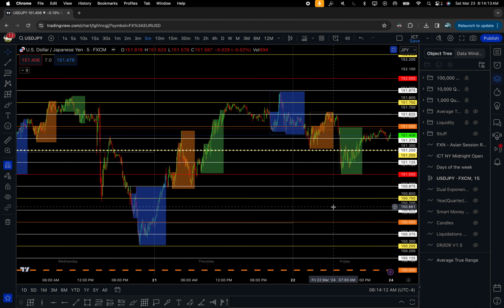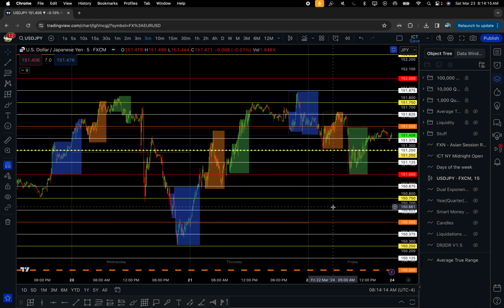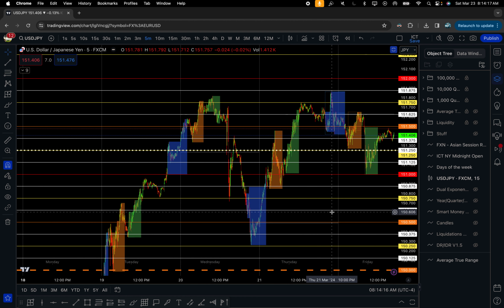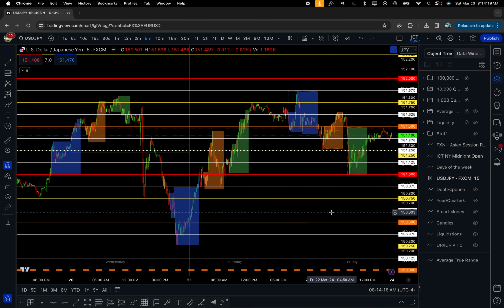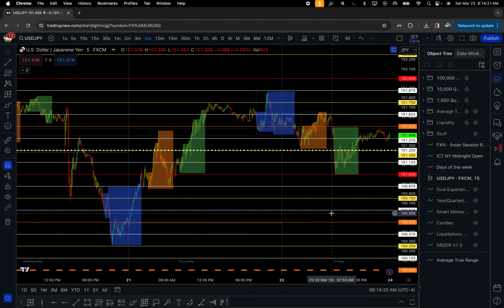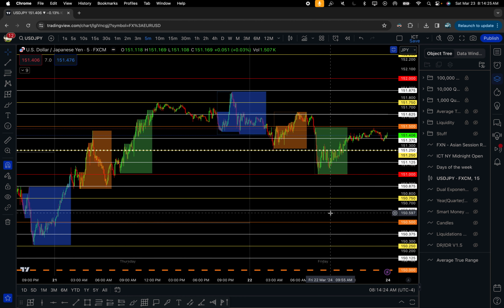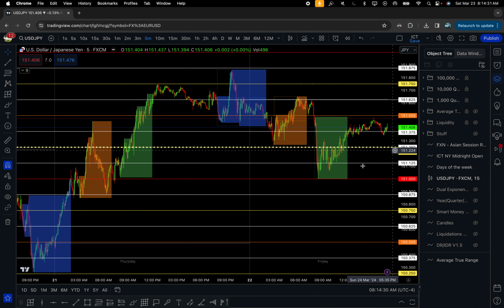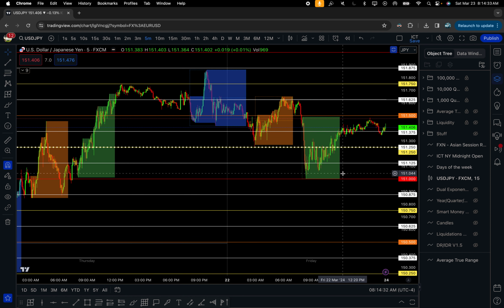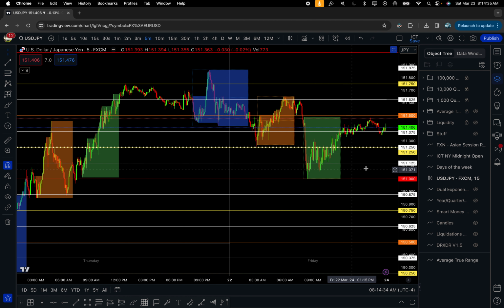See what I'm saying? These levels are just levels, right? You still have to know how to trade. You still have to know what to look for. You still got to do your thing. Whether you're ICT or retail or whatever strategy you're trying to trade, you still got to do all that.